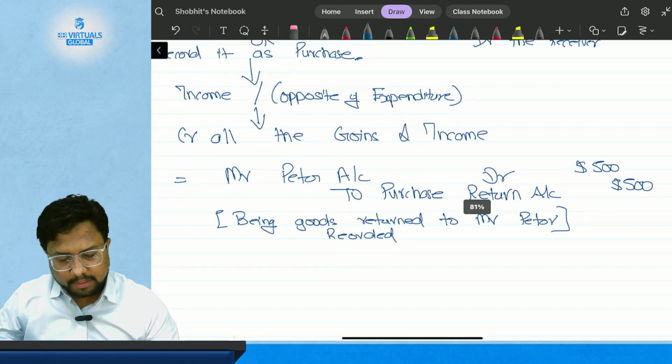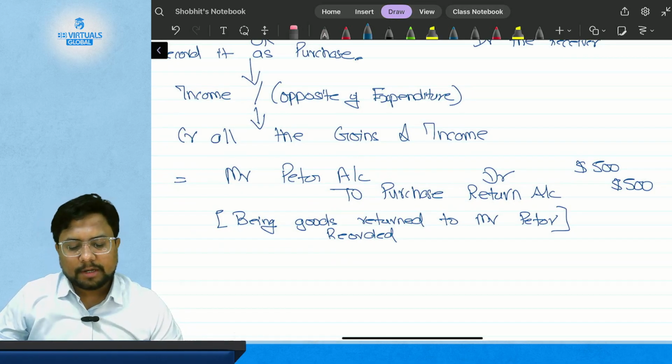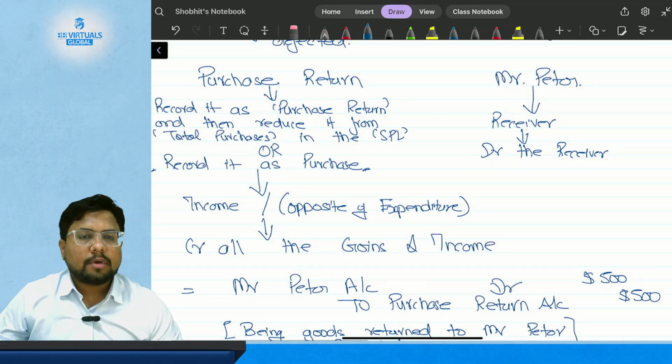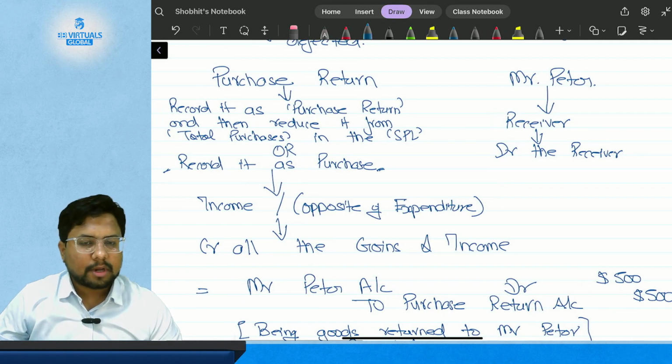This is the narration of this journal entry, that is Mr. Peter account debited to purchase return based on the 3 golden rules of accounting.